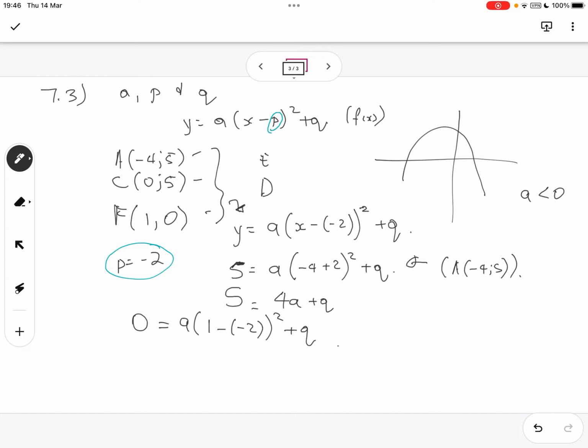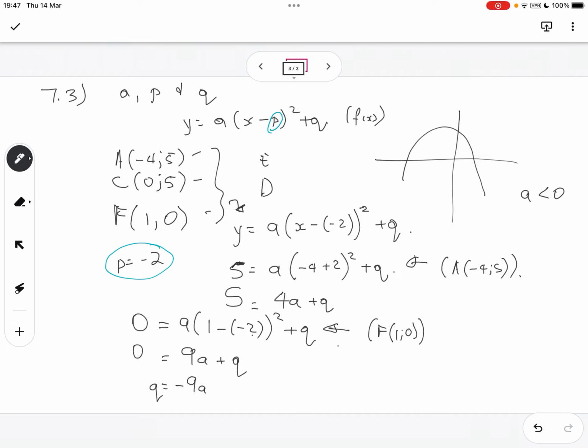So we'll have a into (1 minus -2) all squared plus q, that's 1 plus 2, so 9a plus q equals 0. So in this part, we've substituted the point F, which is (1, 0), into the equation.